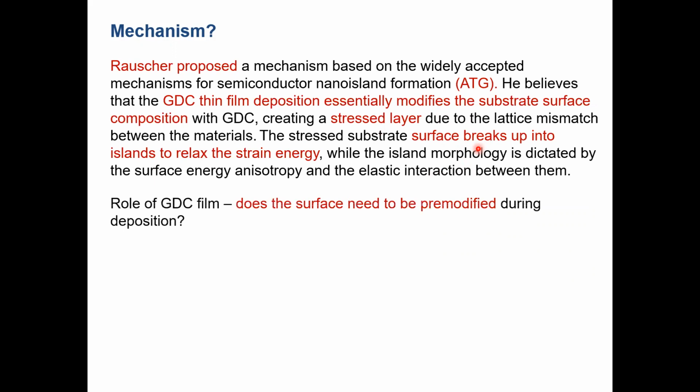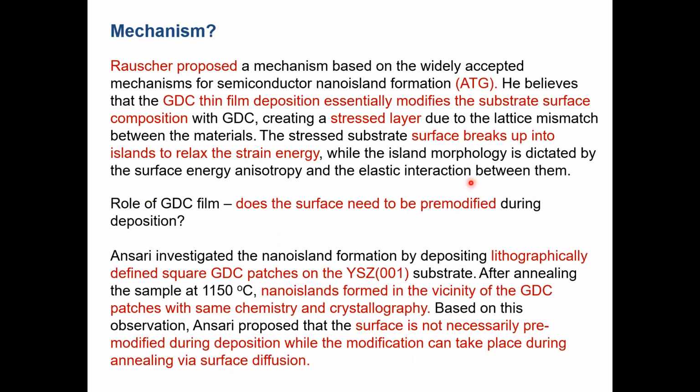So the immediate question was, does the surface need to be pre-modified? During deposition, do you need this solid solution, some interaction between the film and the substrate to happen during deposition?